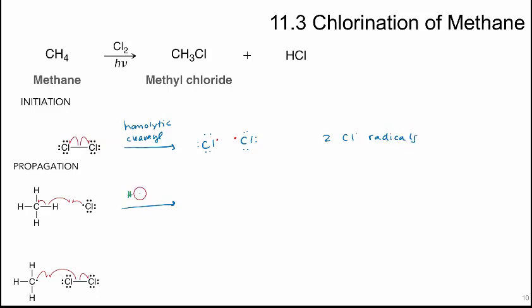This is an H abstraction. There's a radical here from this one electron, and then we formed a new bond to HCl. So this forms a carbon radical.